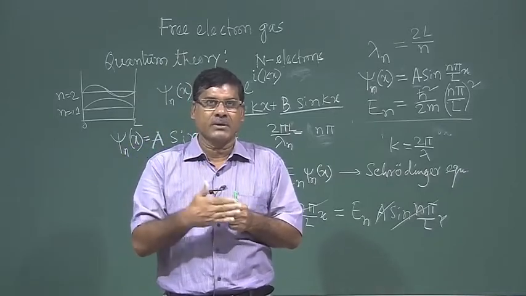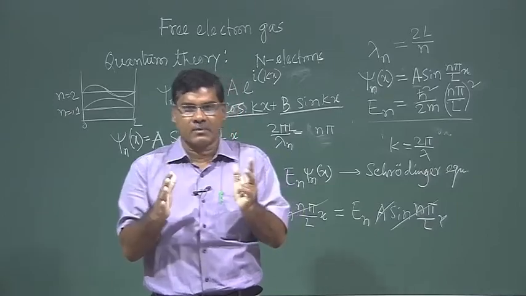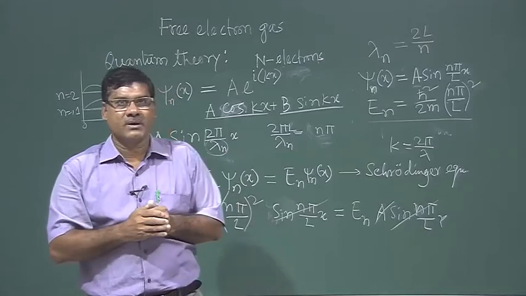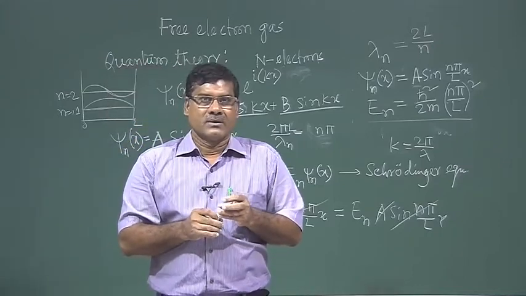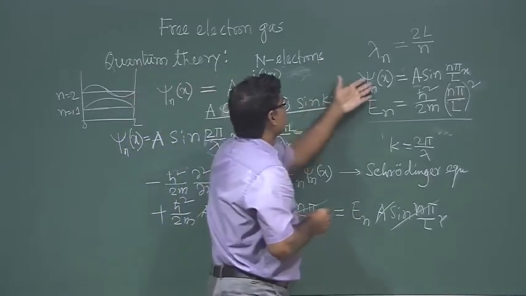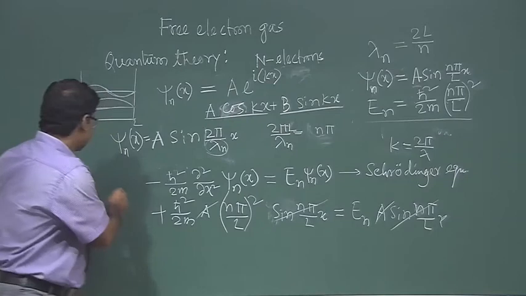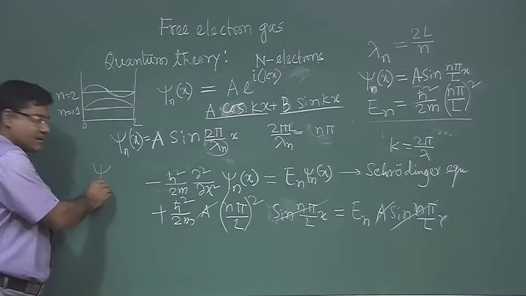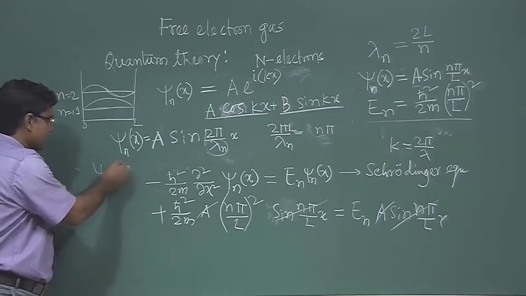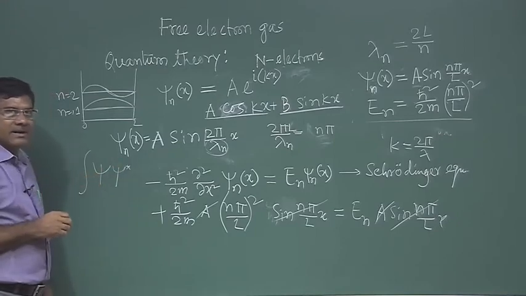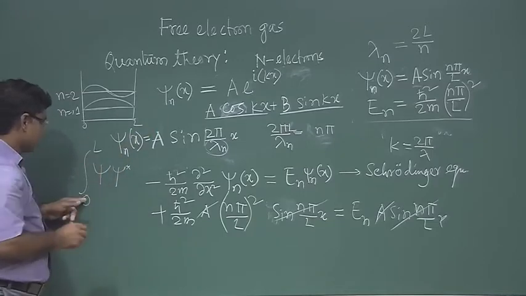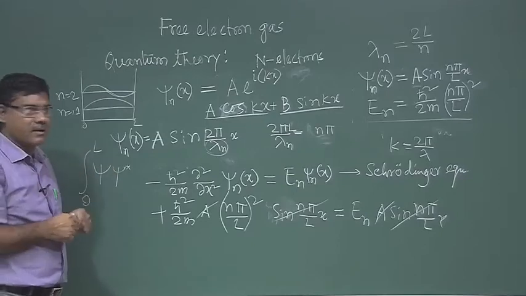So, the probability to find the electron within the box, within this length L, has to be 1. That probability is basically psi star psi integrated, in our case from 0 to L.